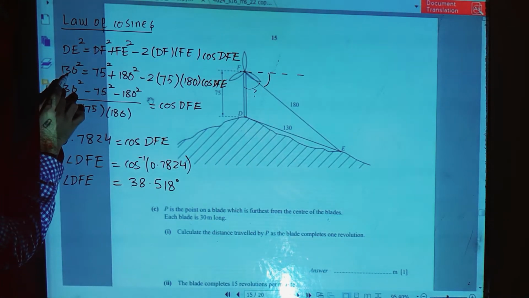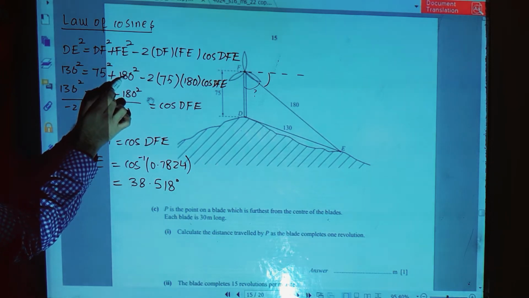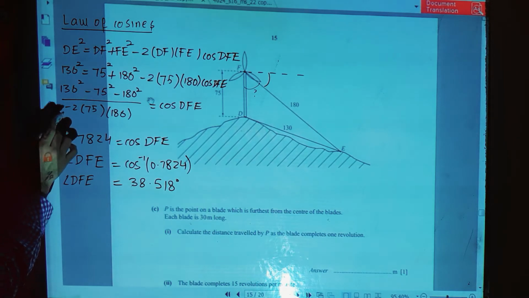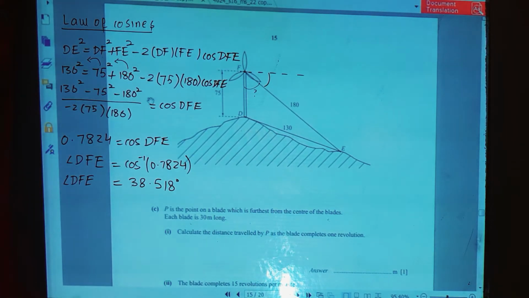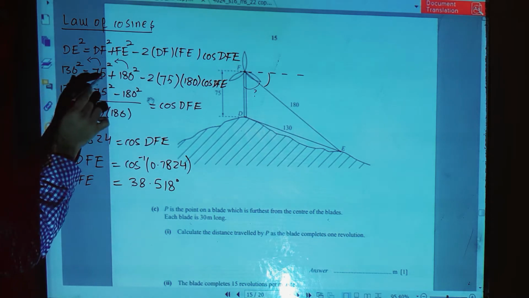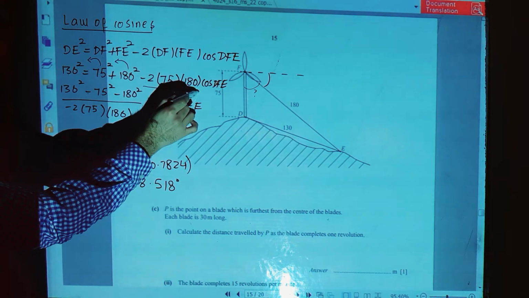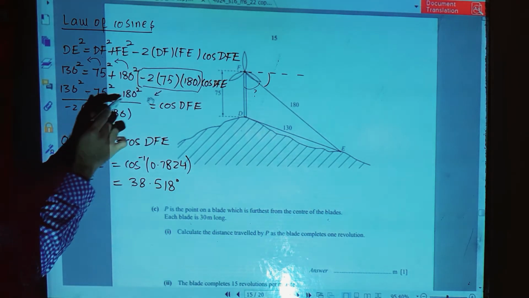DE 130 square, DF 75 square, FE 180 square. You can move 75 square and 180 square to the left side. First of all, they will be subtracted on the left side, and then you can move this term over there, so it will divide here.